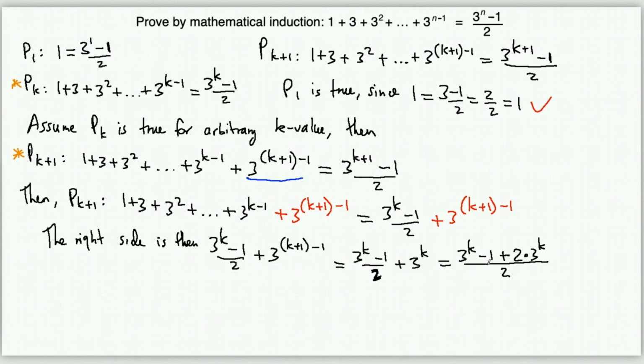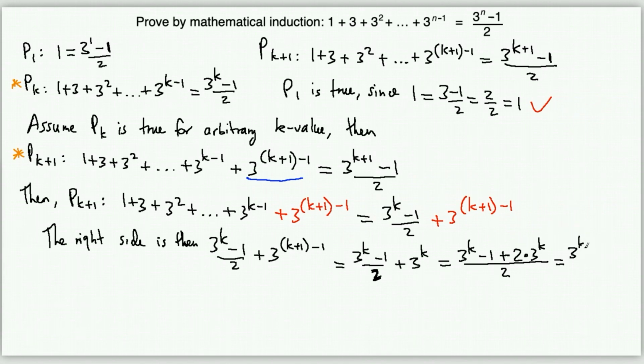That's why we combine it under the same denominator. So this is then equal to what? Notice that 3 to the k here is a common term, right? 3 to the k. So it has coefficients 1, the hidden 1 there, and the 2. So we can combine those.